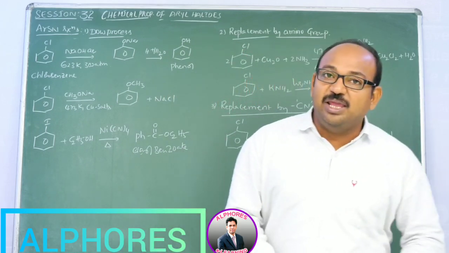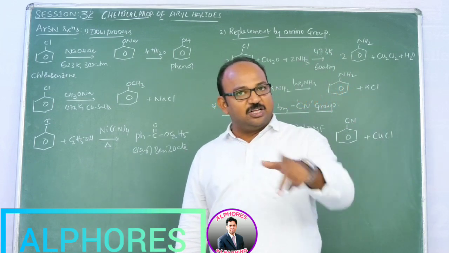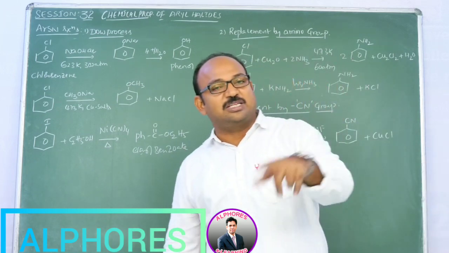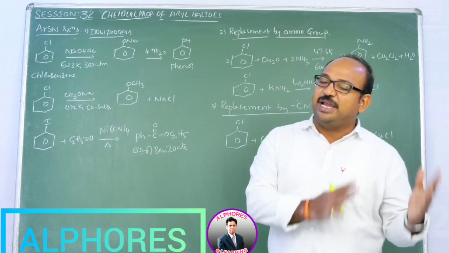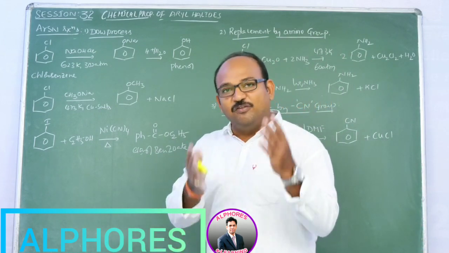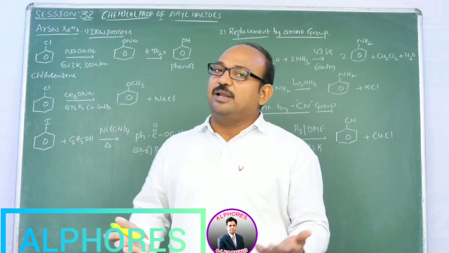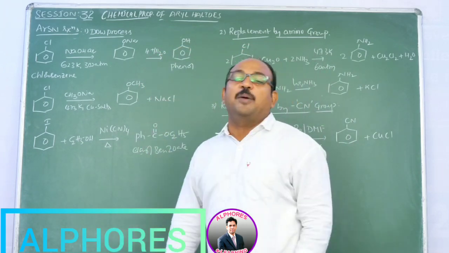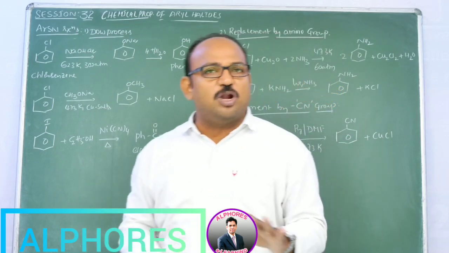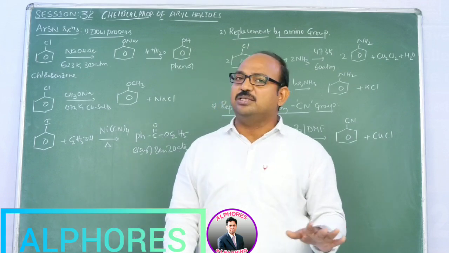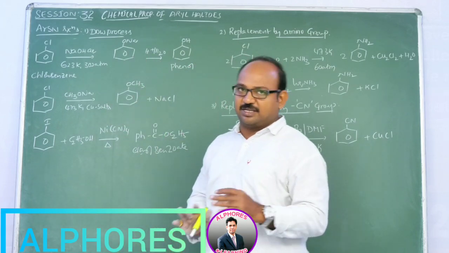So obviously any displacement reaction is of only two types, either addition followed by elimination or elimination followed by addition. And you are very clear in which case each occurs. So here, chlorobenzene upon reaction with sodium methoxide generally does not react under ordinary conditions, because OCH3 minus cannot displace Cl minus. That's clear, right?